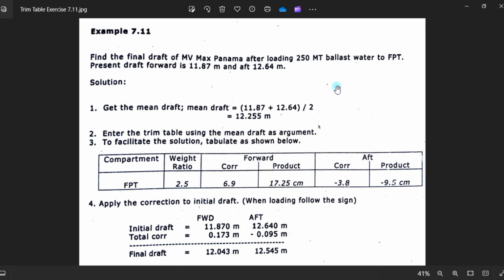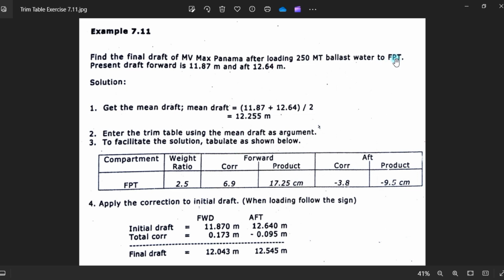The vessel is a Panamax vessel, named MB Max Panama, and she is going to load 250 metric tons of ballast water into the forepeak tank.